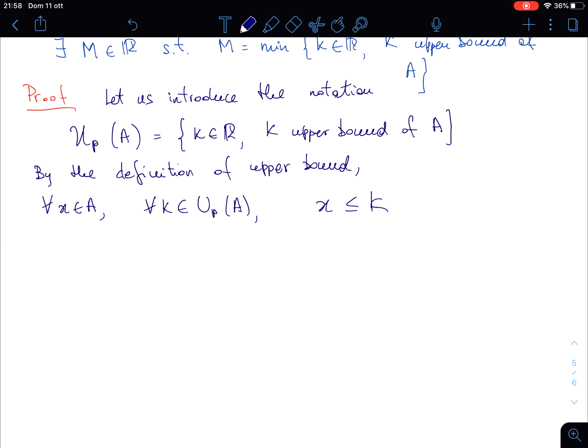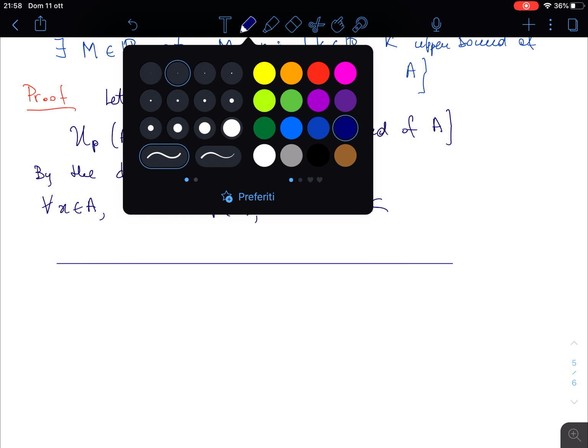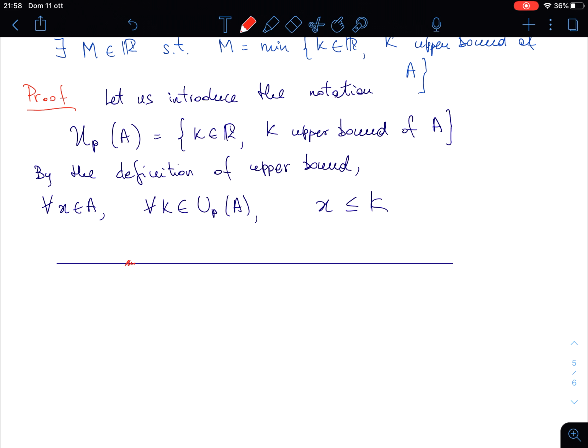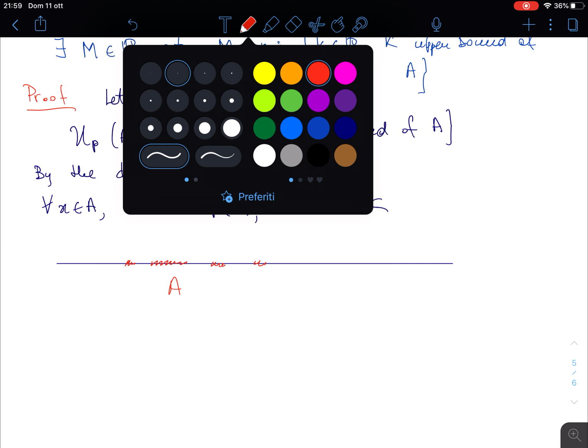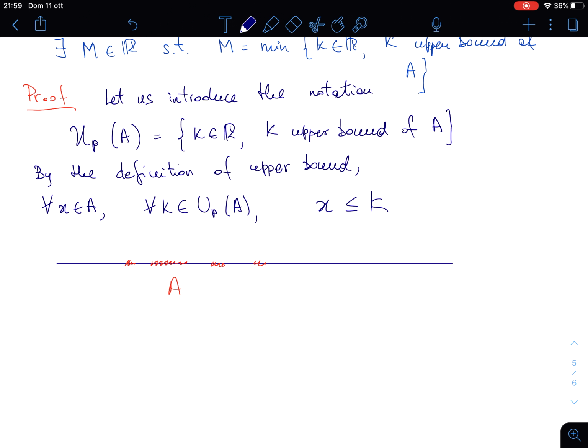So let me represent this situation pictorially. This is the line of the reals, and here you have the set A, for instance, in red, and here you have the upper bounds. Notice here you have two sets.